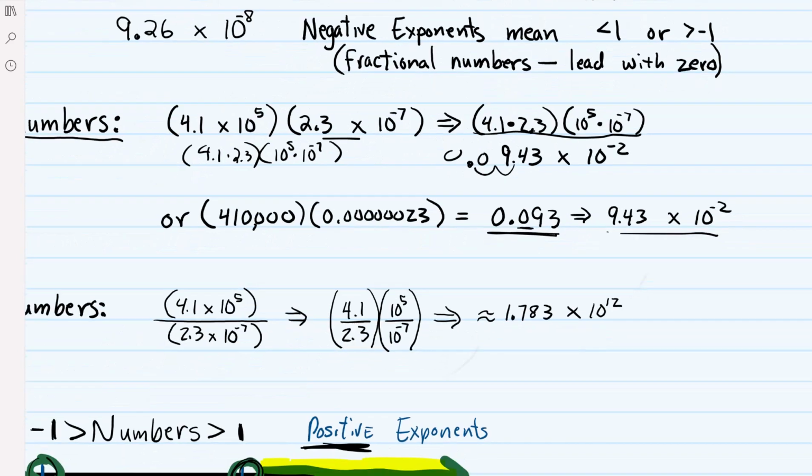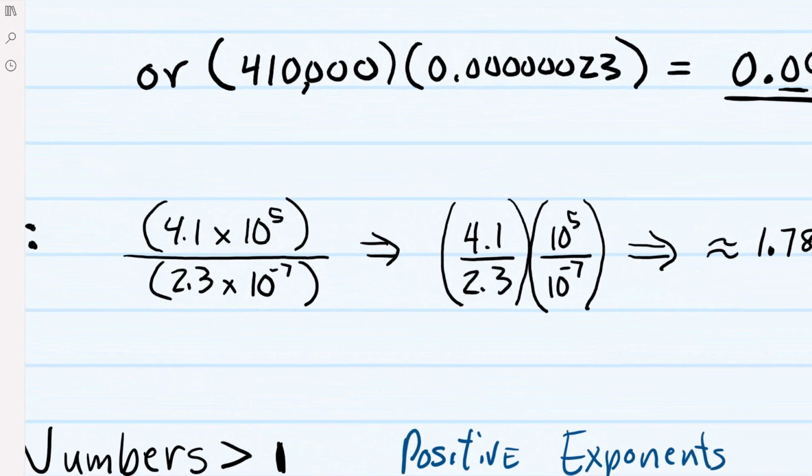When you divide, it's kind of the same thing. You could simplify first and then divide, or divide 4.1 by 2.3, and then divide the powers of 10, 10 to the 5th by 10 to the negative 7th.